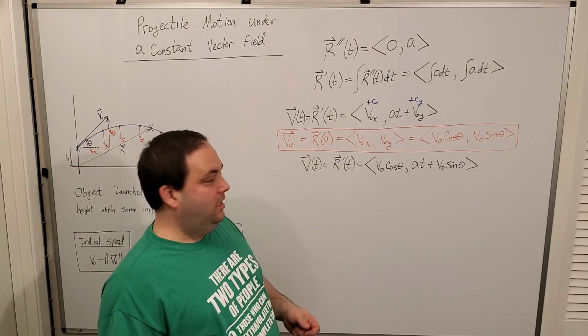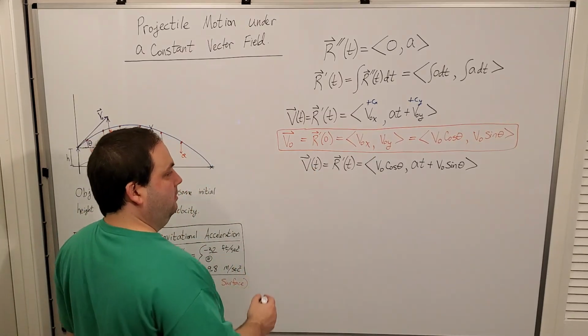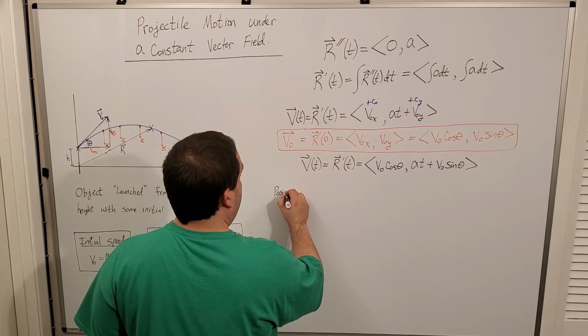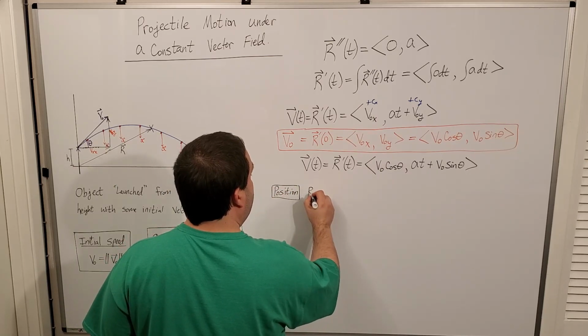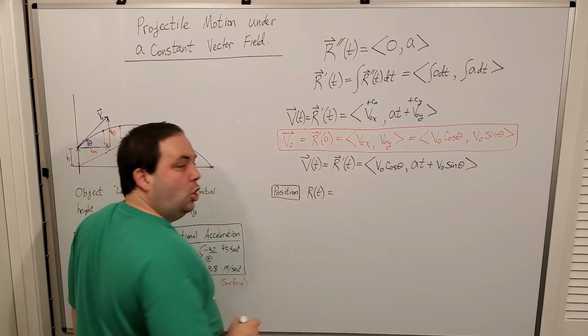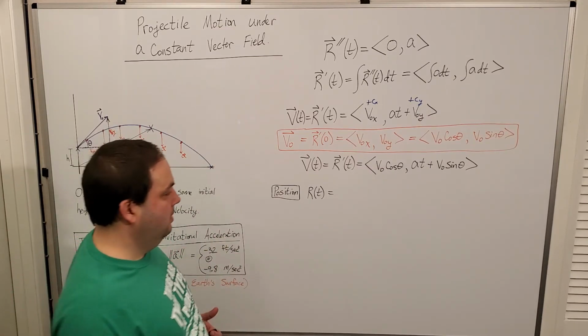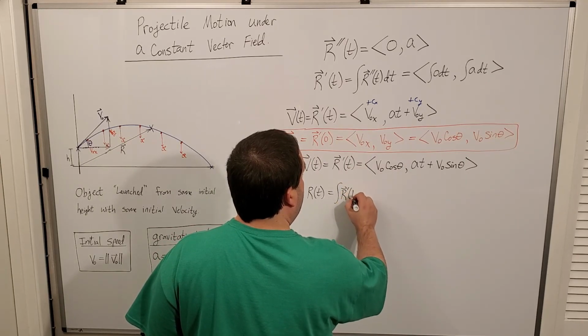So let's do it again. Let's do the antiderivative and we'll get the position function, r of t. That's the goal here. I want to be able to predict where it's going to be. That's going to be the antiderivative of the velocity vector function.